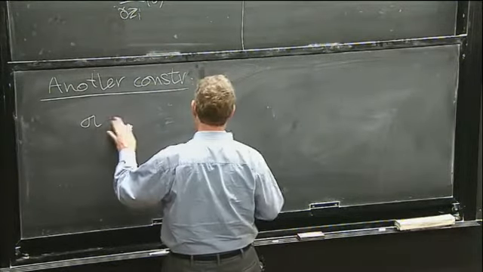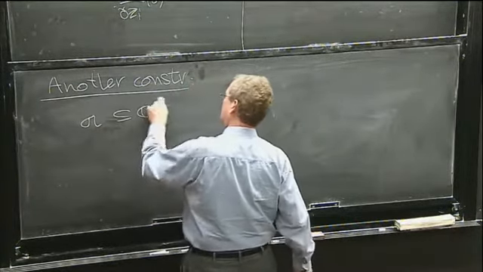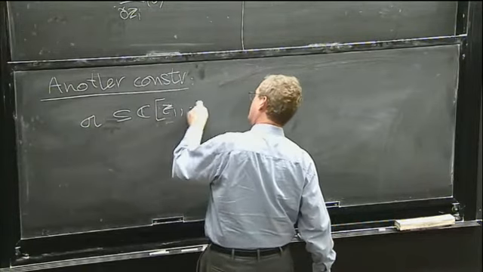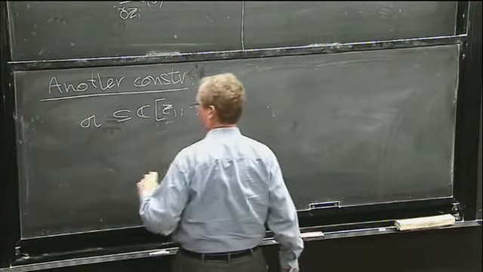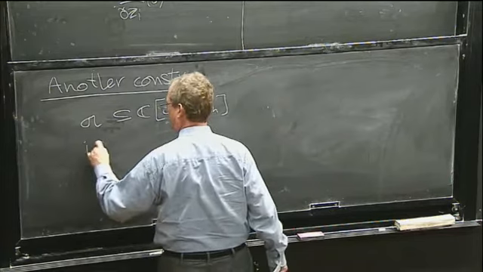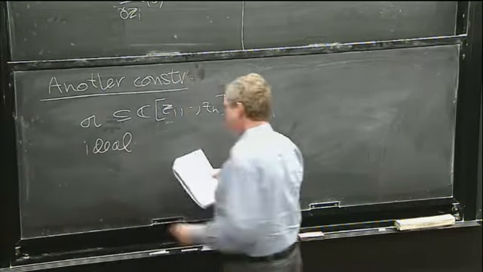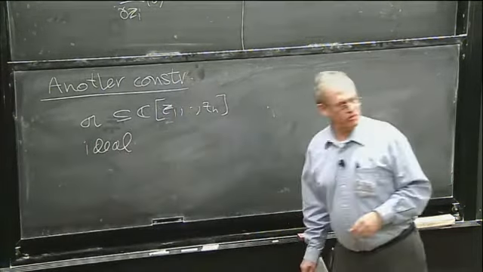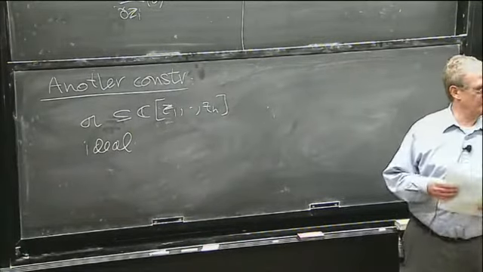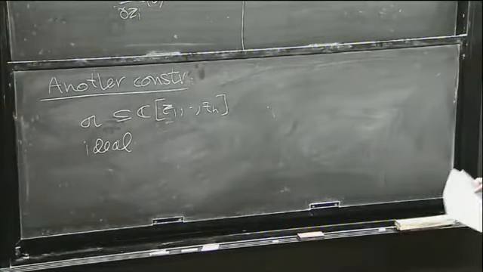And then you can think of an ideal as giving you a series of polynomials that, in some vague sense, are equisingular.